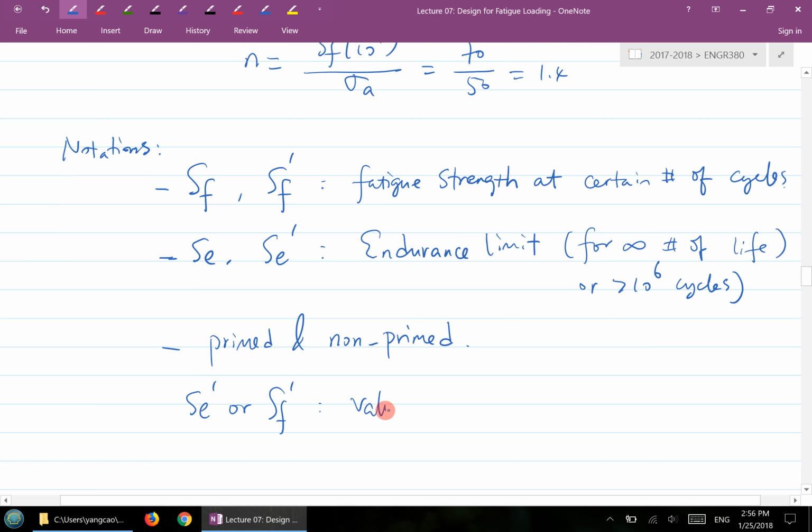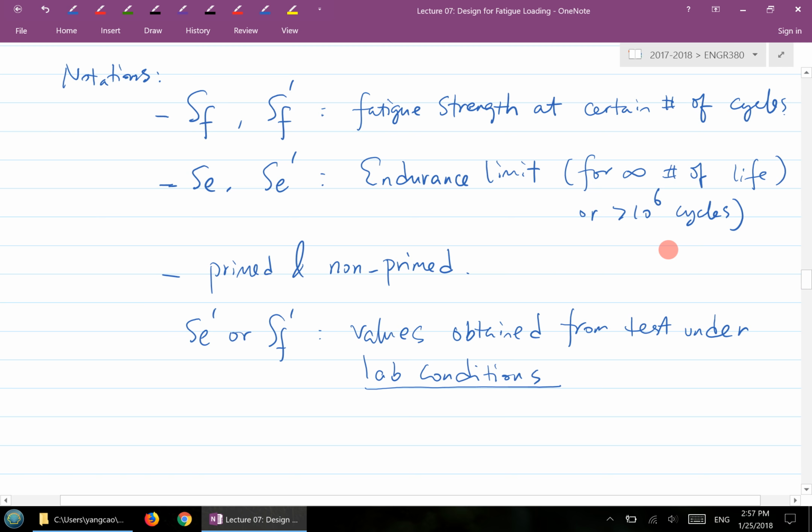When you see this, their values refer to the values obtained from tests under lab conditions. Lab conditions is a keyword here, when you do experiments under lab conditions.